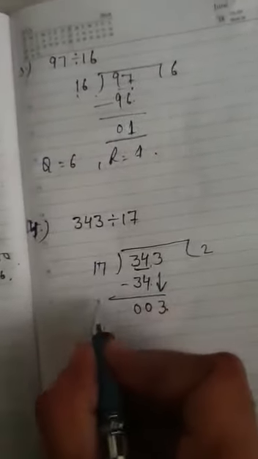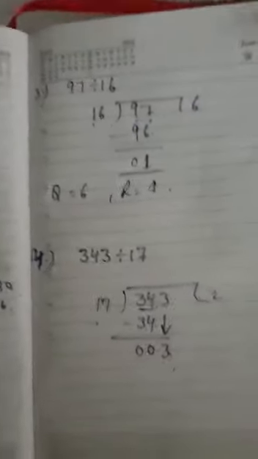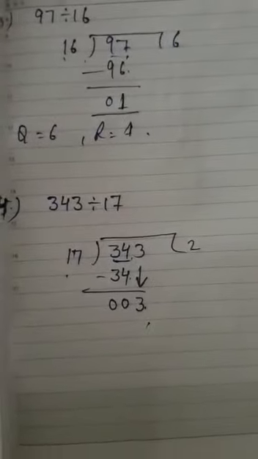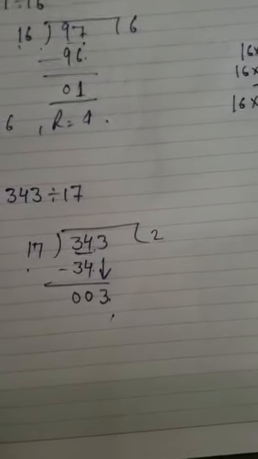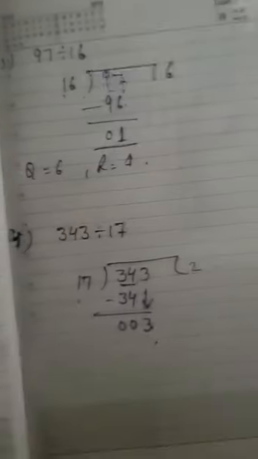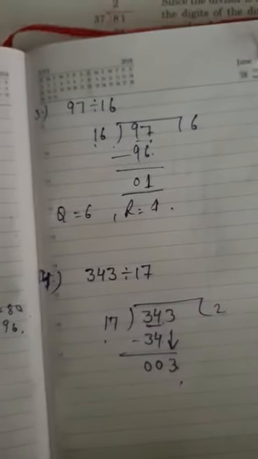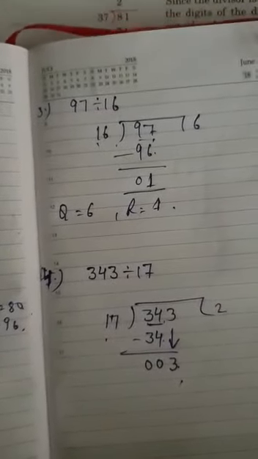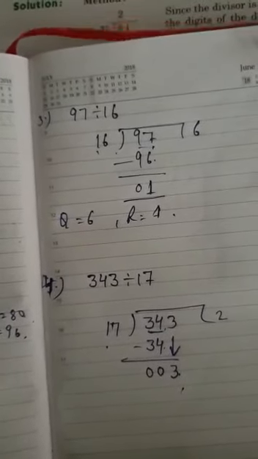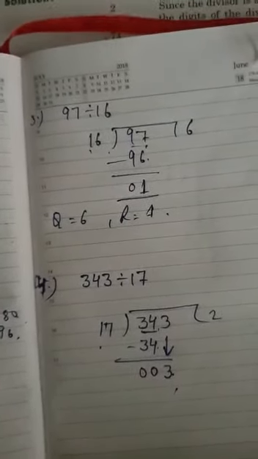Again 3 comes here. Now students, you can clearly see that 17 is greater than 3. You have to find a number which is smaller than 3 and comes in the table of 17. So students, it's only 0 which comes in the table of 17, and it's also smaller than 3, because you cannot take a greater number.